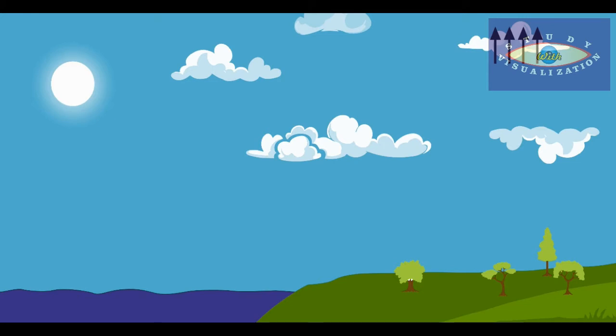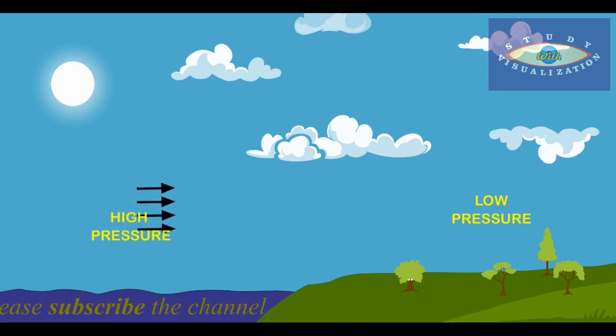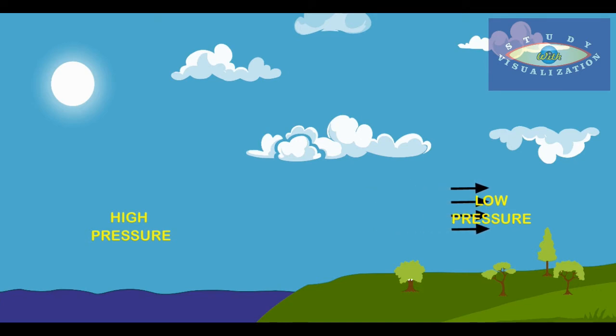This situation we will call a low pressure situation. Oppositely, the situation on water bodies is called a high pressure situation, as this portion has high air density. So wind will blow to land from water to fill this blank portion.